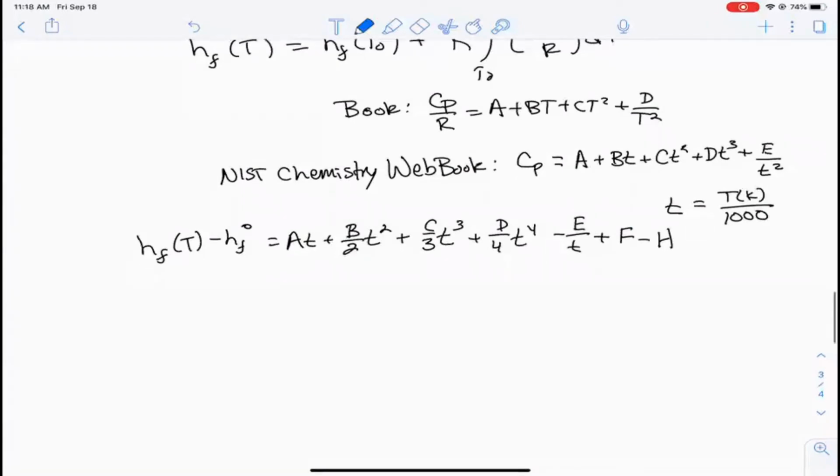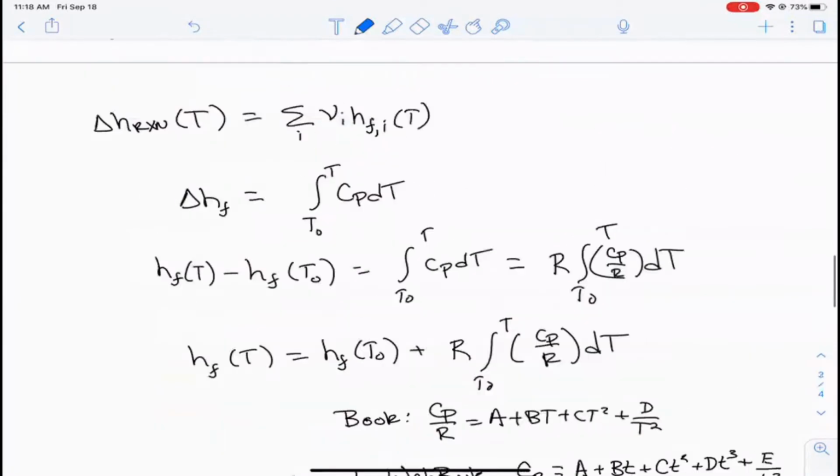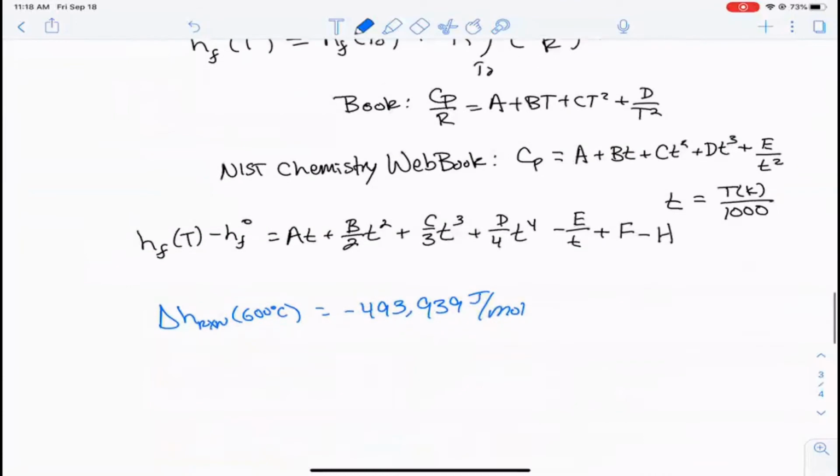So you still get that the delta H of reaction at 600 degrees C is equal to minus 493,939 joules per mole. And I mean, it's the same number, right, to 6 digits. So their fit in this case for these species, and at least picking the right temperature range, was very, very straightforward.